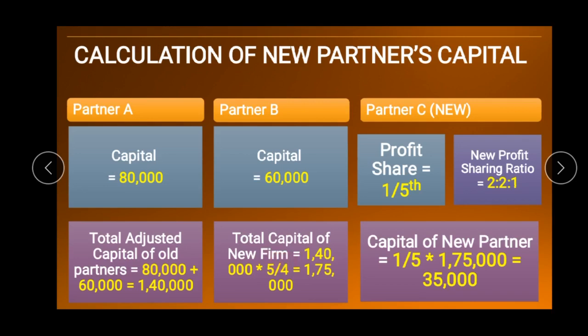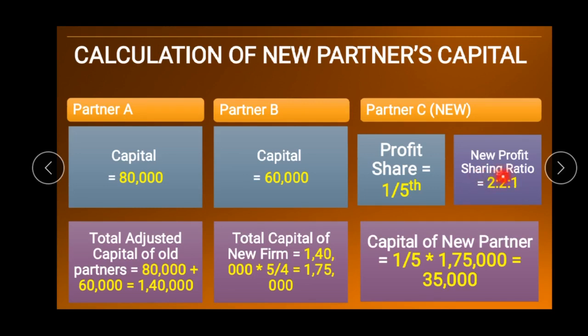What is the share of the old partners in the new ratio? The new profit sharing ratio is 2:2:1, and A and B both are old partners. So here A's share is 2/5, B's share is 2/5, and 2/5 plus 2/5 is equal to 4/5.